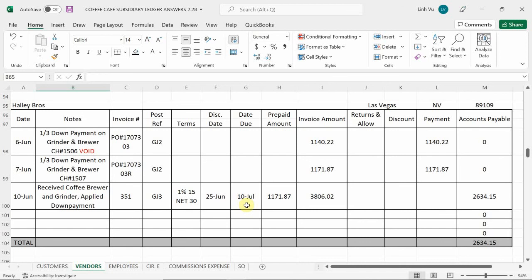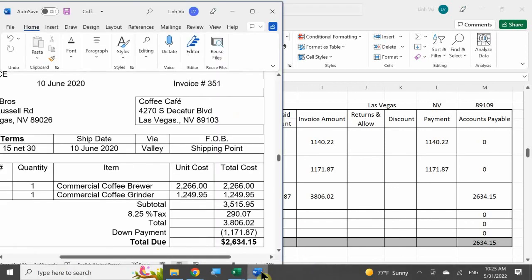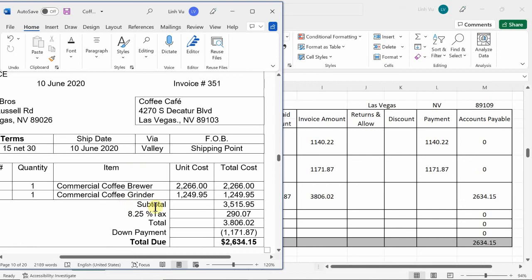We're going to do the 1% off because this time we paid within the discount due date, meaning we get to take advantage of that 1% discount off of the coffee brewer and the coffee grinder because we are paying on the 25th. Okay? So that's why I had the bill up, because now we need to actually calculate how much that 1% is going to be.